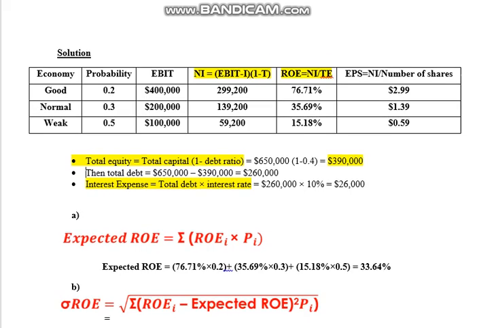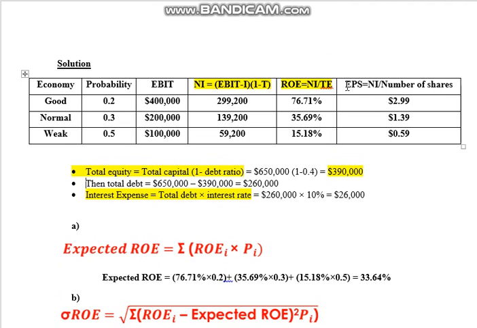After we calculate the ROE of each economic situation and the earnings per share of each economic situation, we can calculate, as part A, the expected ROE, which is equal to the sum of each ROE multiplied by its probability.